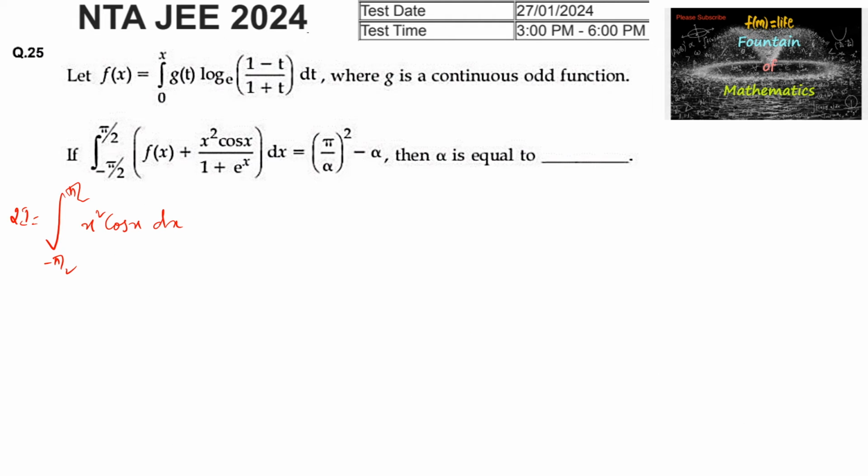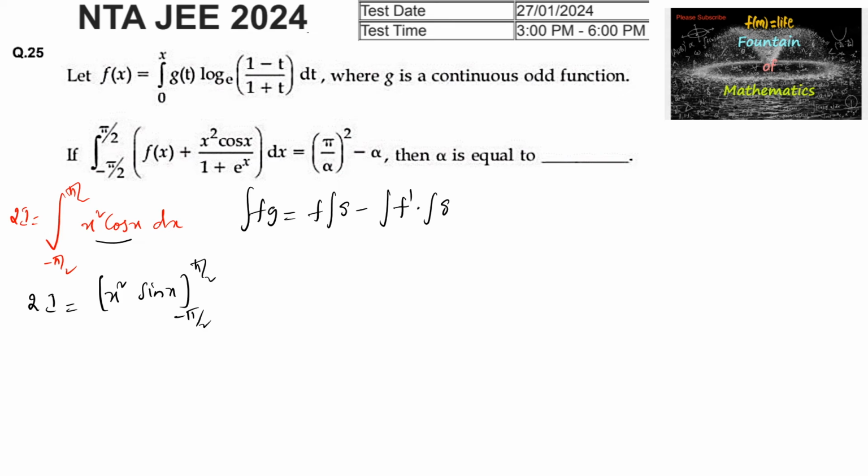Now integrating, we have 2I is equal to, by using the UV or FG rule, integral of FG is equal to f times integral of g minus integral of f dash into integral of g. So we can write x square into integration of cos x is sin x over the limits minus pi by 2 to plus pi by 2, minus integral of f dash, which is 2x, into integration of cos x, which is sin x, dx over the limits minus pi by 2 to plus pi by 2.